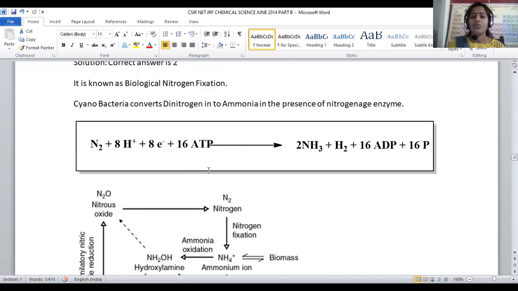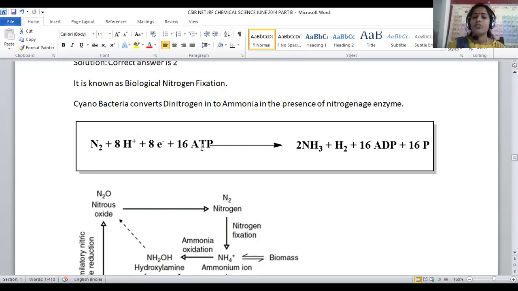For that purpose we have to go with the balanced equation. Nitrogen, by absorbing 8 protons and 8 electrons in the presence of 16 moles of adenosine triphosphate. What is ATP? ATP is the source of energy present in living organisms. ATP is the kind of energy.